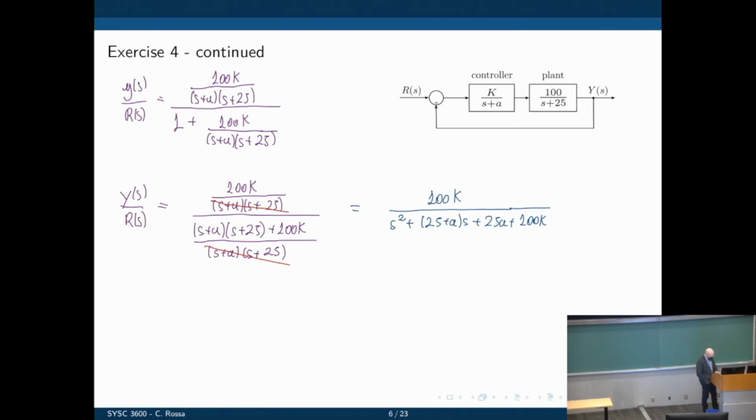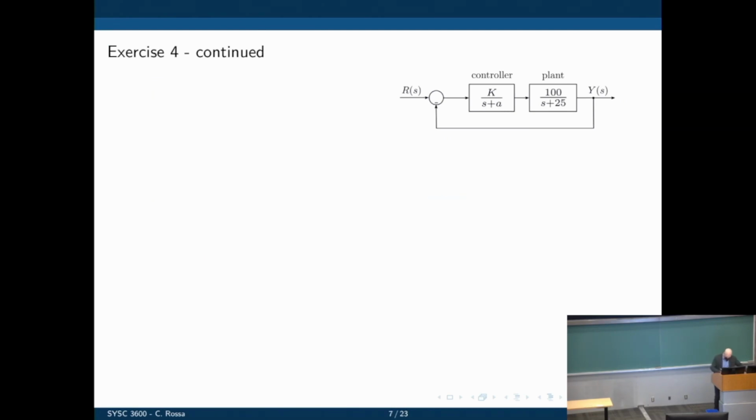So let's do that. Let's see what omega n we need and what zeta we need in order to meet the requirements. So let me write the transfer function here. Format: omega n squared divided by s squared plus 2 zeta omega n s plus omega n squared. So we want a percent overshoot of 25%.